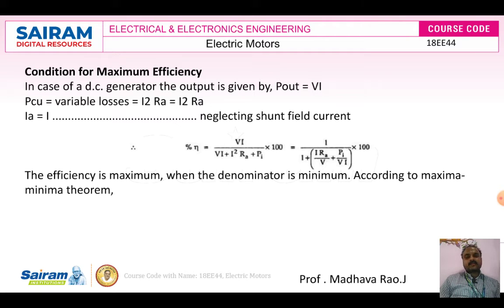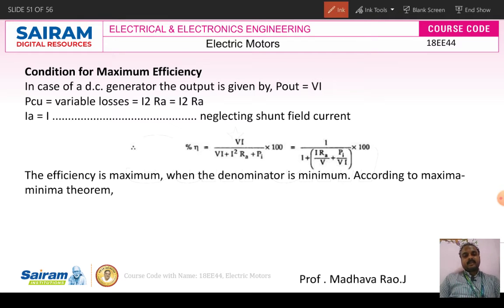Now efficiency is equal to output power by input power. Input power we write as output plus losses, so VI plus I square Ra plus Pi, where I square Ra means copper losses and Pi means iron losses.